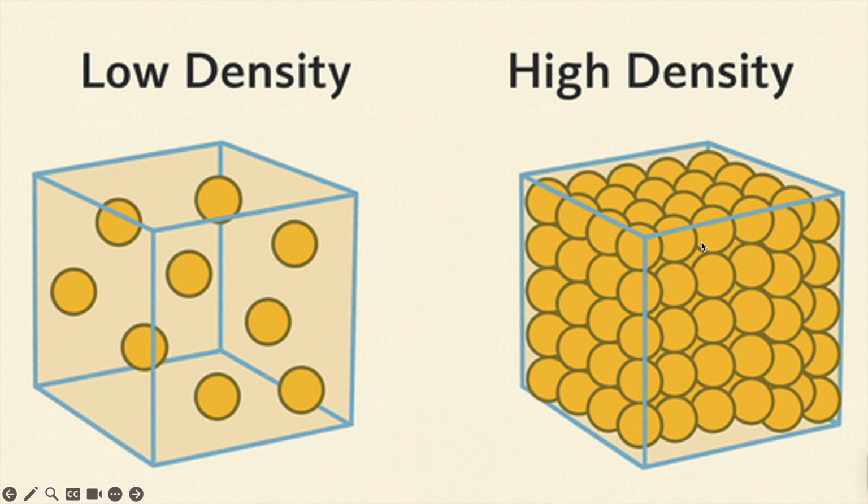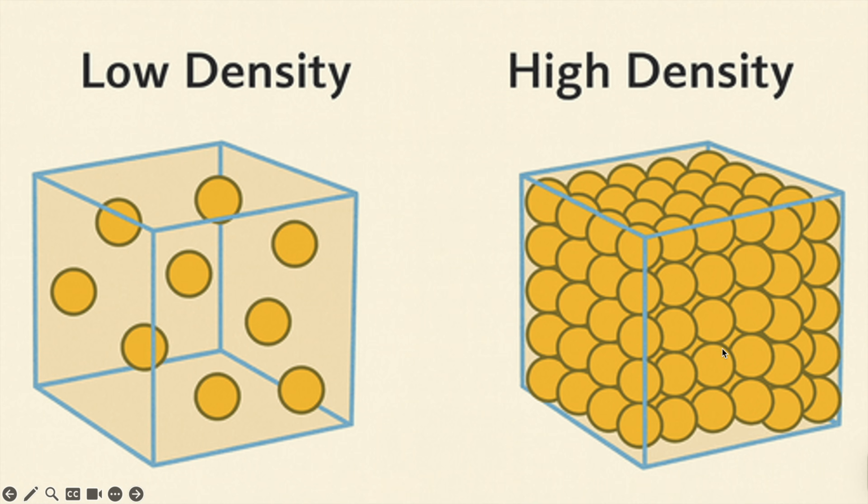In simple terms, this block has a little bit of mass compared to this block, which has a whole lot of mass. So what does that mean when it comes to the term density? Density is the amount of mass packed into a space. Here we have two blocks. They're the exact same size, but this block on the right side, under the term high density, has a lot more mass.